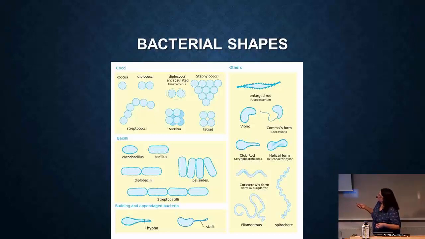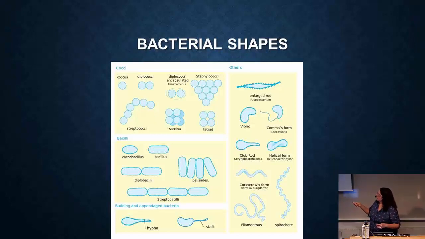Then you have streptococci, where you have a chain of these round bacteria going along. Probably the most common are bacilli here, which are typically rod-shaped, so they're longer than they are wide. And again, you can get them by themselves, or typically in pairs, diplobacilli, or streptobacilli in the long chain.